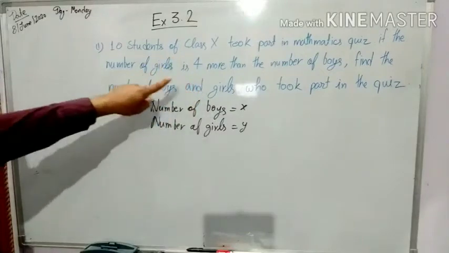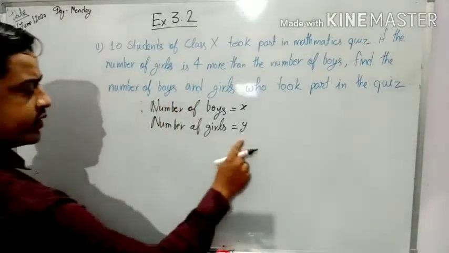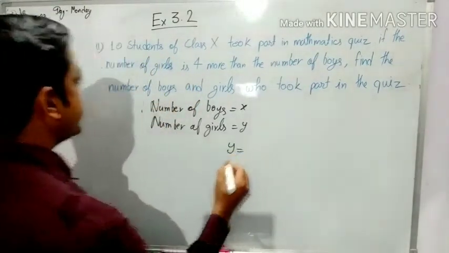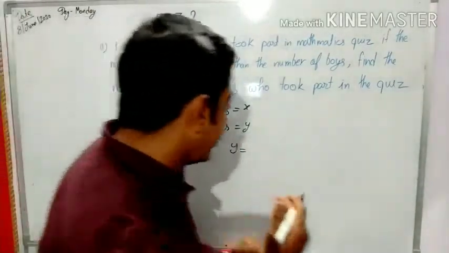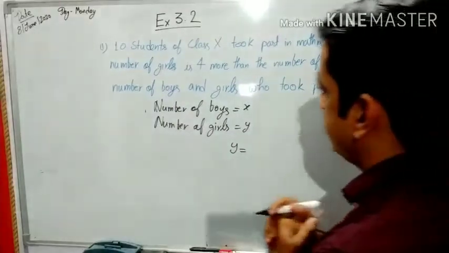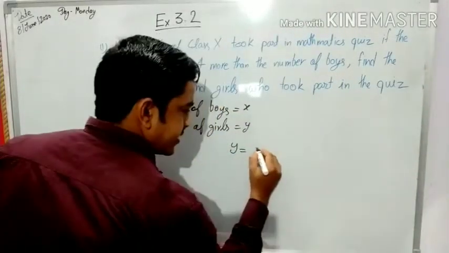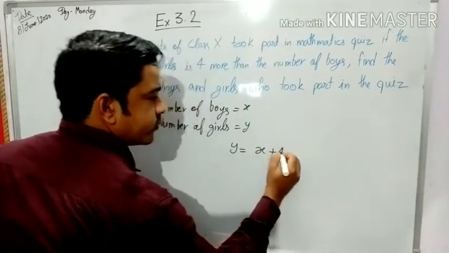The number of girls, which is Y, is 4 more than the number of boys. 4 more than the number of boys means X plus 4.